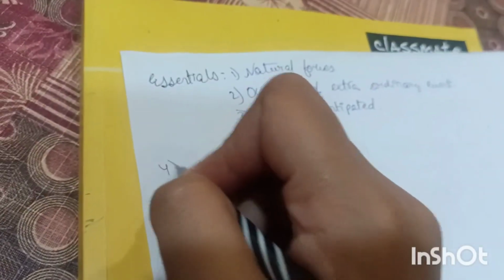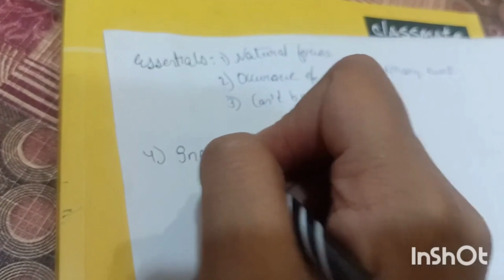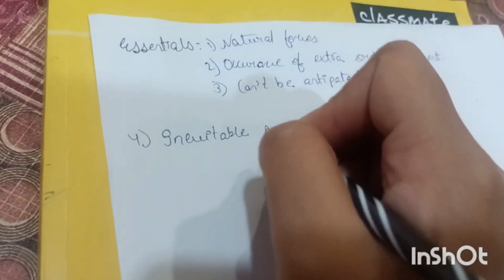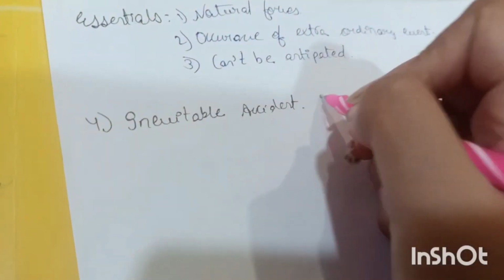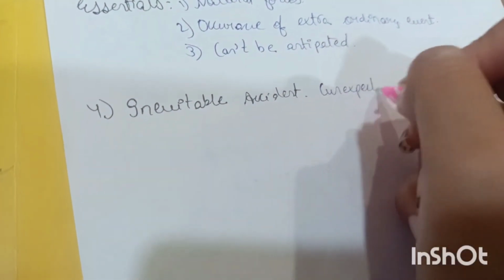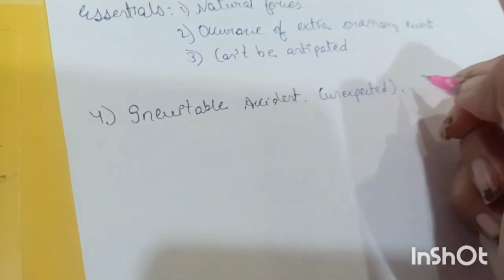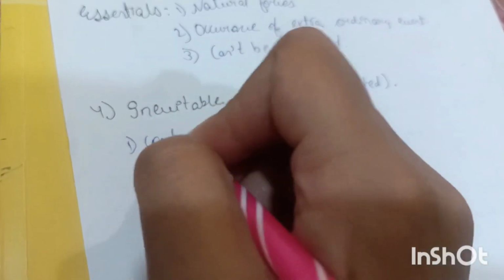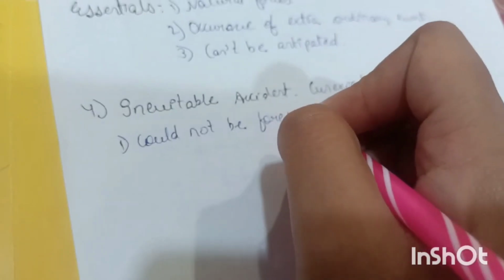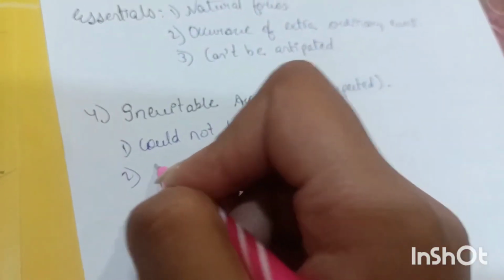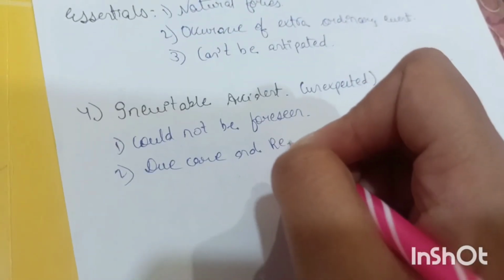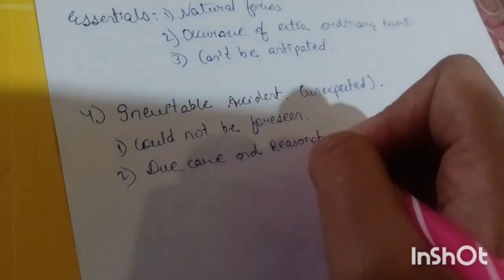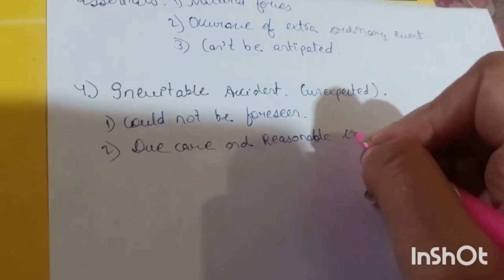So the next one is inevitable accident. So in this case what happens is that this was an unexpected event. Unexpected. Okay, so first one is could not be foreseen, and second one is due care and reasonable caution.